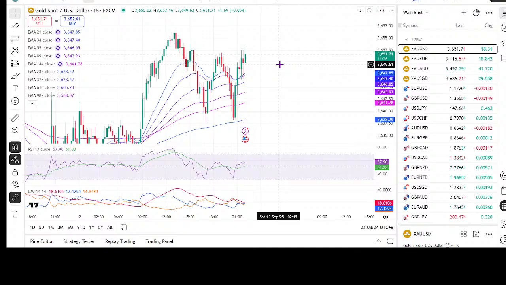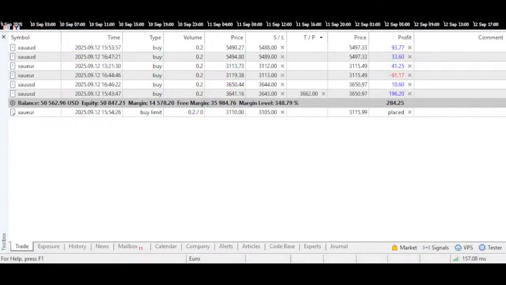Since I've already entered, with two entries, maybe I may want to tighten the stop. This one I'll raise to 47 half.